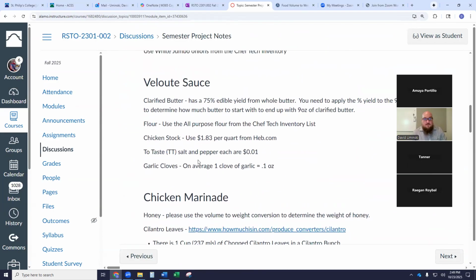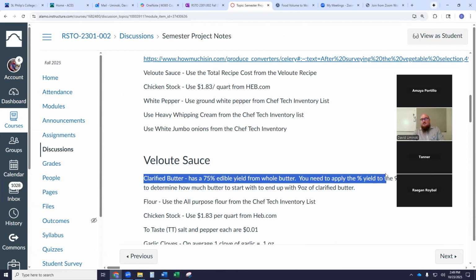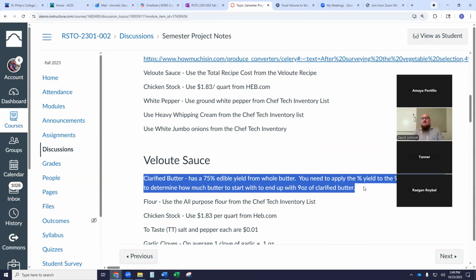So you want this in ounces, right? So that's what we just did. It says clarified butter has a 75% edible yield from whole butter. So you need to apply the yield percentage to the 9 ounces of clarified butter to determine how much butter to start with. So you end up with 9 ounces of clarified butter. You're gonna be using whole butter from the Chef Tech inventory list, the unsalted butter.